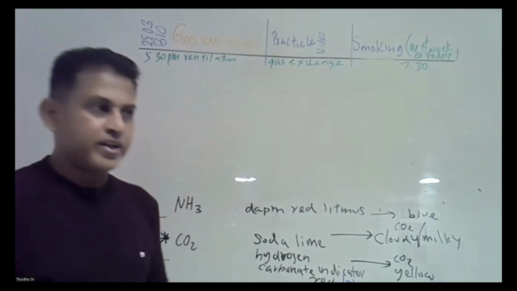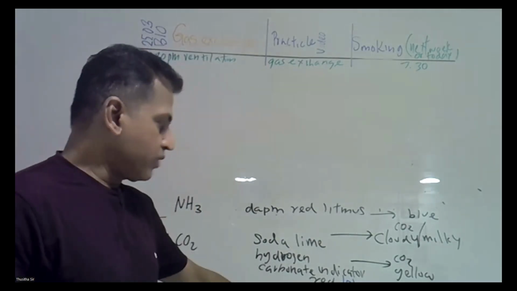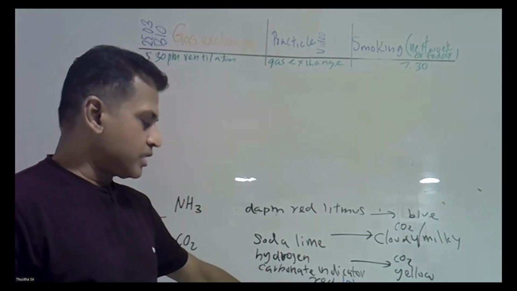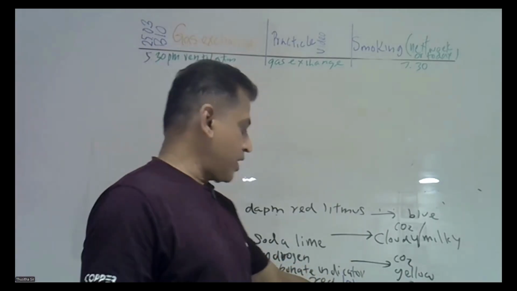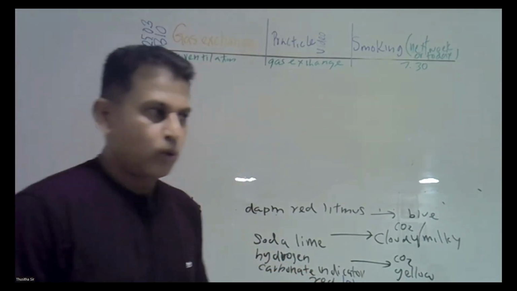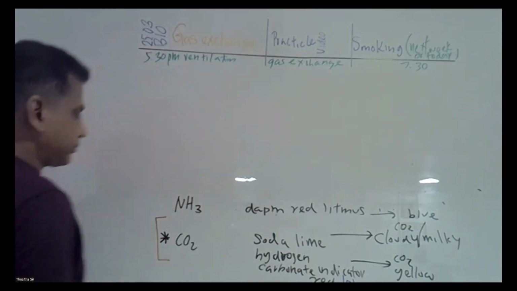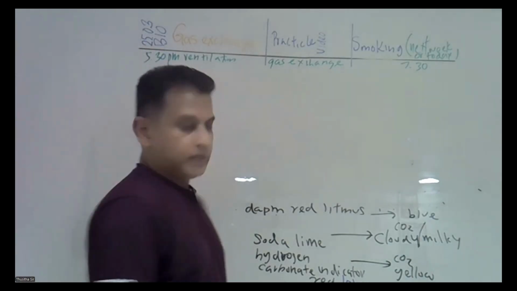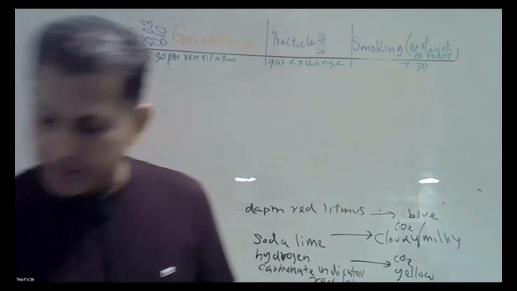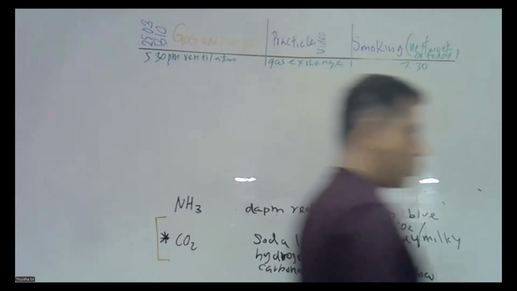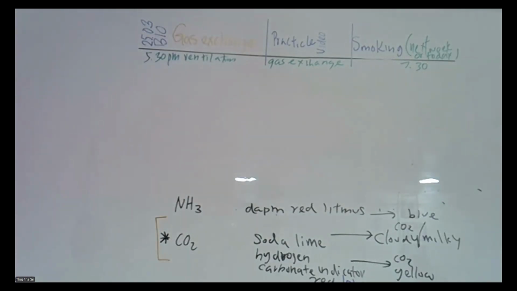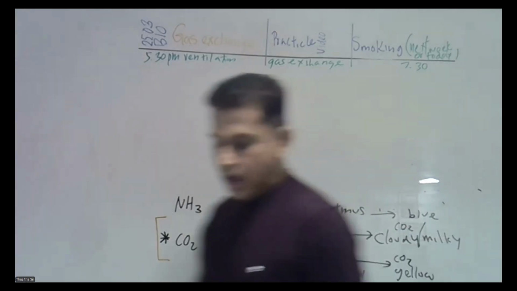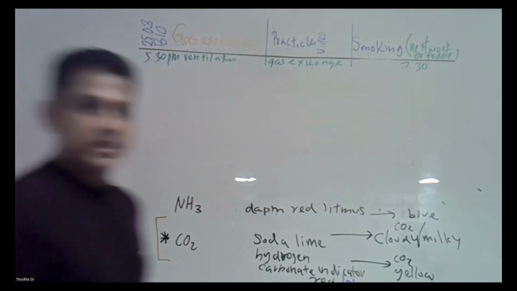Both words are used, and it's okay to use both words, red or orange. In the presence of carbon dioxide, it becomes yellow, right? So we are going to learn a practical to show that exhaled air has carbon dioxide.